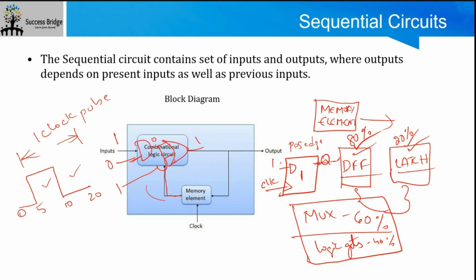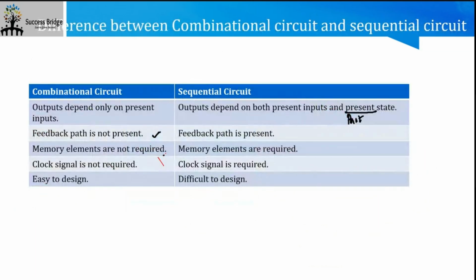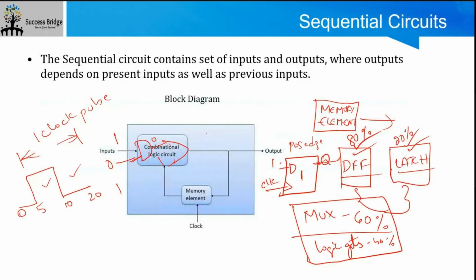So you can see that, based on the arrows, this is the way you can change the circuit here. So this particular memory input is coming from this memory element.